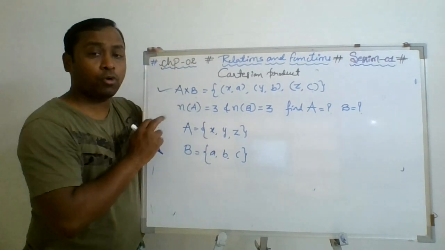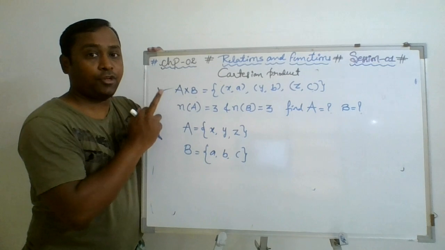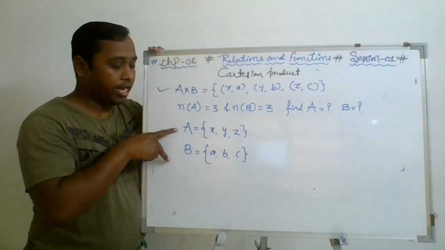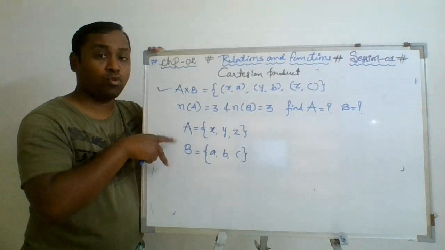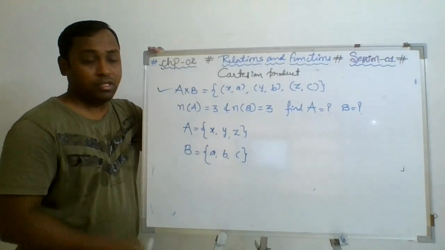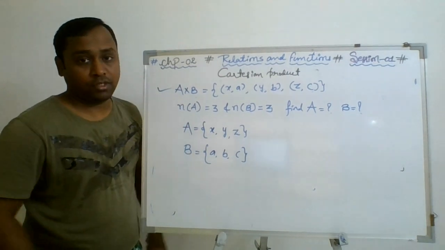Means the Cartesian product is given to you and you are getting the actual sets. In the beginning question, I gave you the two sets and you were making A cross B and B cross A. So this is exactly reverse to the first question.